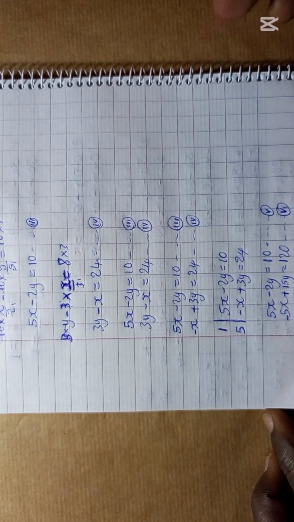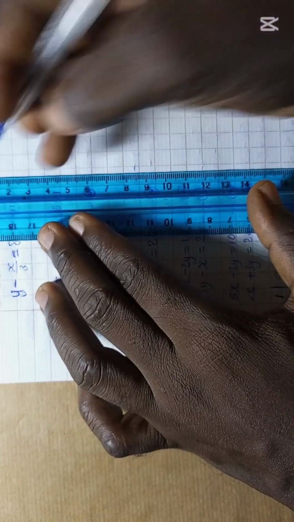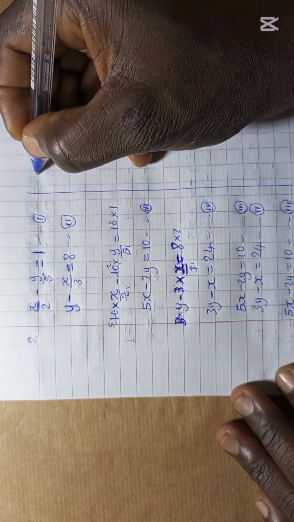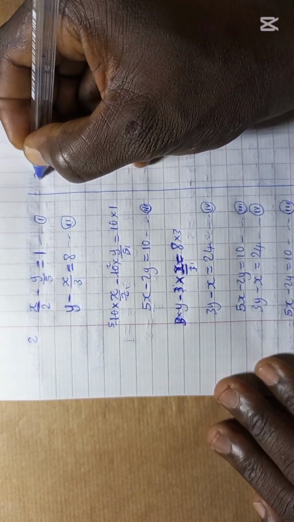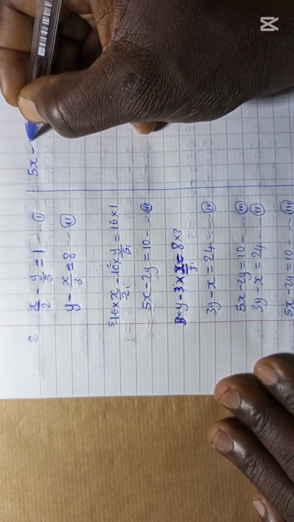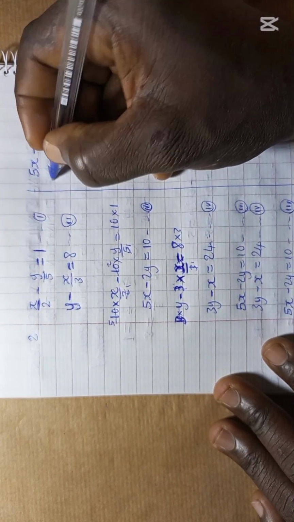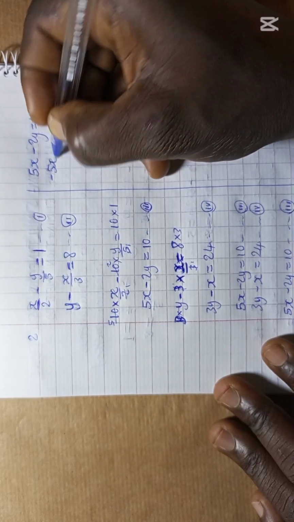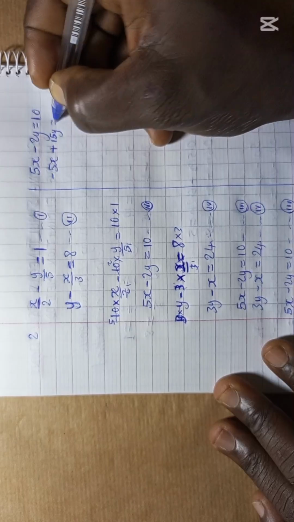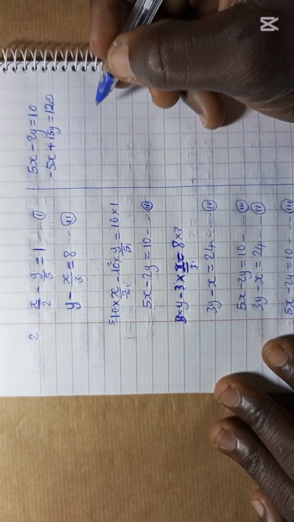So I will move over to this side. Let me use this line to separate it. I'll write out equations 5 and 6: 5x minus 2y is equal to 10, and minus 5x plus 15y is equal to 120.